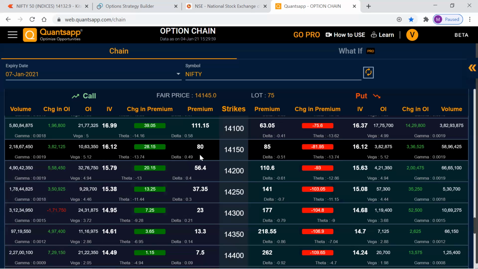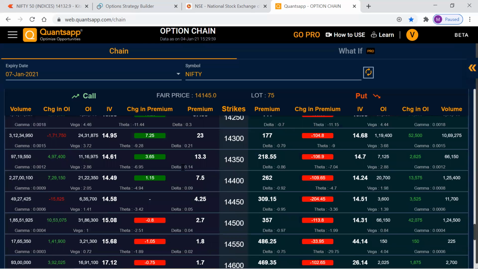In our examples I considered 0.50 as delta and said there will be a movement of 50 points in the premium. Here the delta is 0.49, that means premium will move 49 points if Nifty moves 100 points.